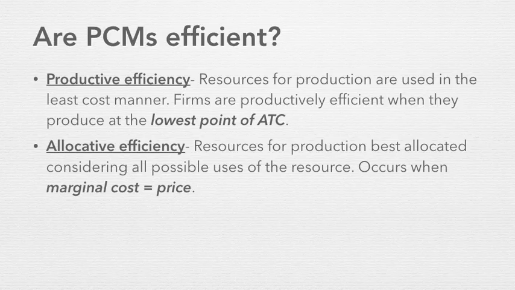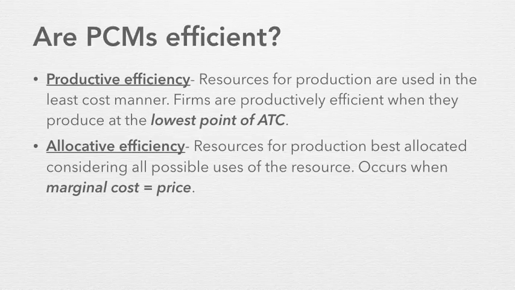So, if we are to evaluate market structures, we often look to see whether those market structures are efficient. Productive efficiency refers to the resources of that firm being used in the least costly manner or most effective manner, meaning those resources are being used at the most efficient level.